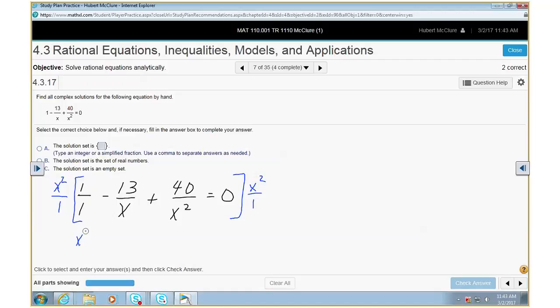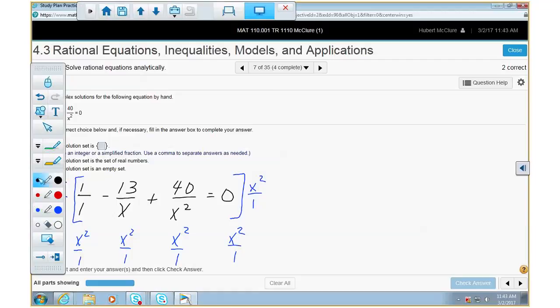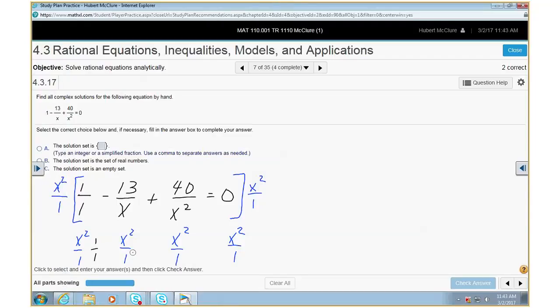X squared over 1, times 1, minus 13 over x, plus 40 over x squared, and 0.